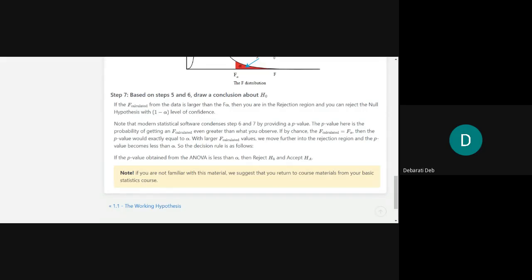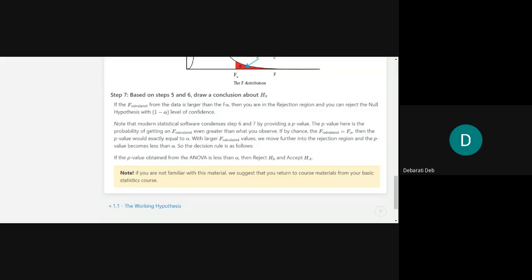Don't confuse them. In software calculation, the p-value will be given by the software, you don't have to calculate it, it's very easy to get. So if the p-value is less than 0.05, then you reject H naught and accept the alternative hypothesis.